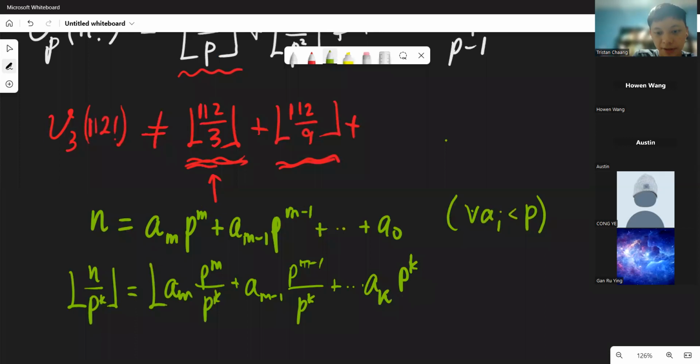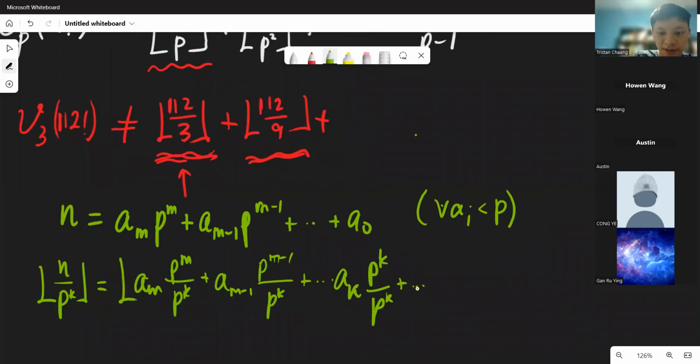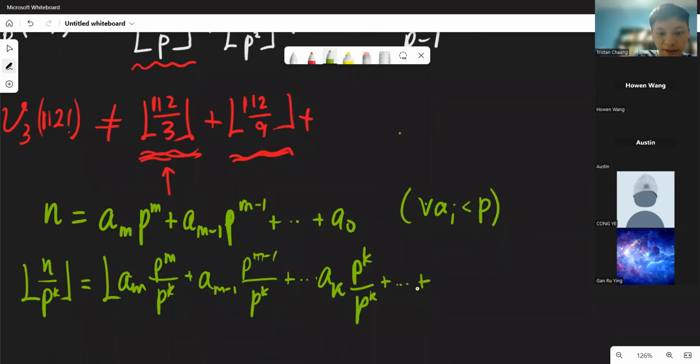So in other words, k is less than m plus 1. And then you still have some extra terms, and then in the end, we get a_0 over p to the k.